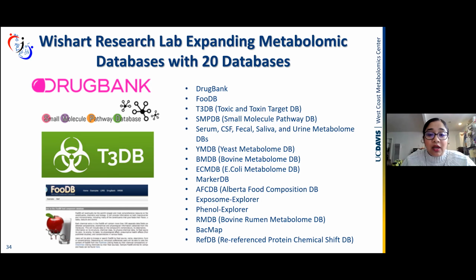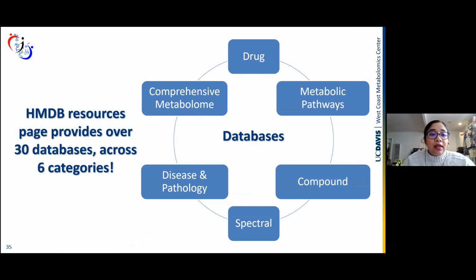They have a lot of databases that you can use and explore. And in the HMDB resources page, if you have time to look it over, there are over 30 databases listed across 6 categories. Some of the categories are drug, comprehensive metabolome, disease and pathology, and compound. This is really impressive in terms of the types of resources accessible to you.